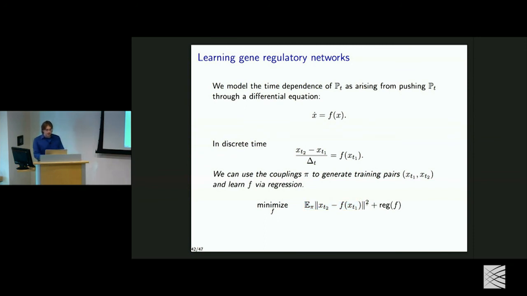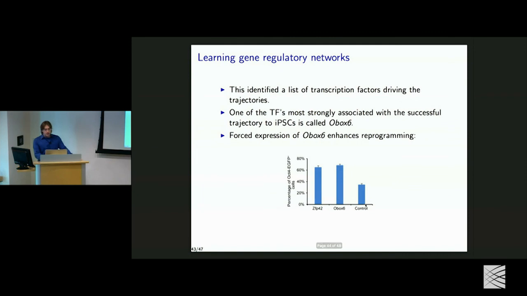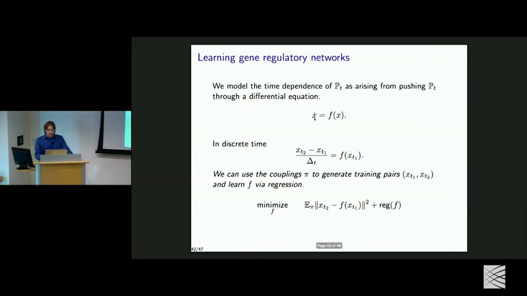Okay, and when we do this, what comes out is a list of transcription factors that show where the cells are flowing and why they're flowing that way. And just to tell you the conclusion. What comes out? If f is linear, then the coefficients tend to be concentrated on some set? Yes, that's how we did it.